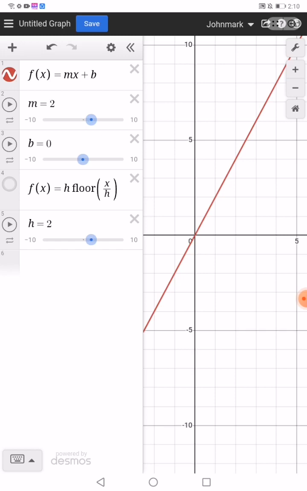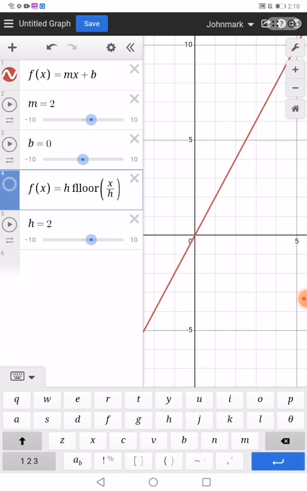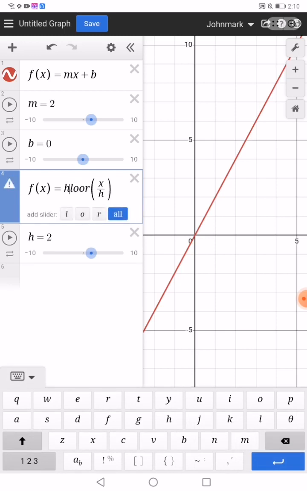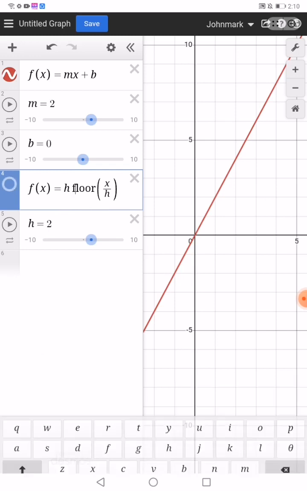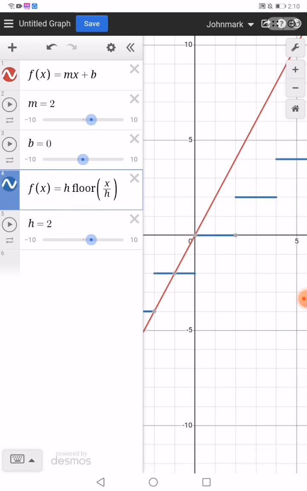Since we already have the idea of how we can convert a real number into a step function with the desired length of step, which is h, here we have it like this one. So this time we will try to substitute this value of f(x).